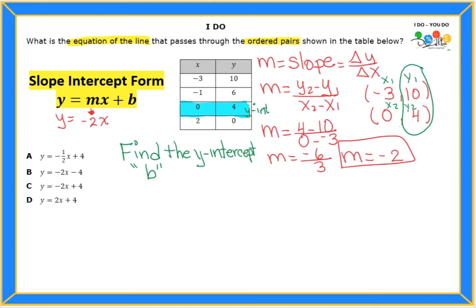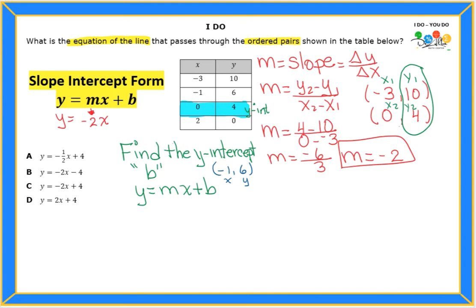So I'm going to write down the equation of a line, which is y equals mx plus b. I need to choose 1 point from the ones on the table, whichever point you want. I can choose -1 and 6 if I want to, or you can choose any other point, where -1 is x and 6 is your y value.